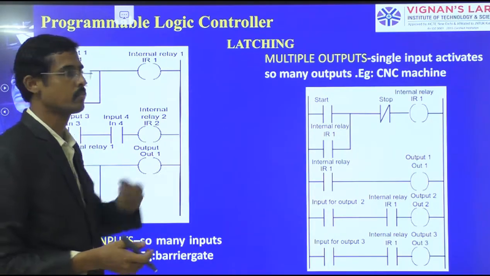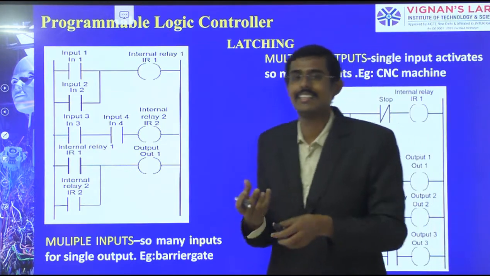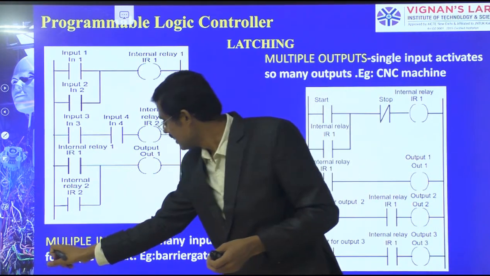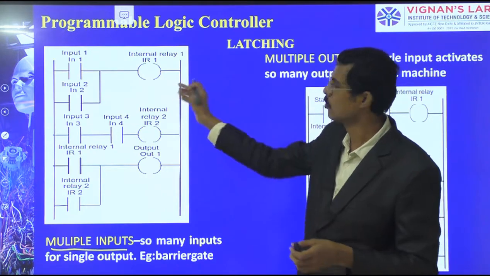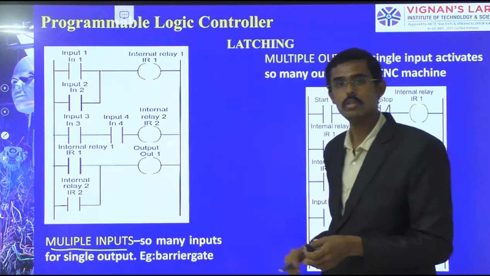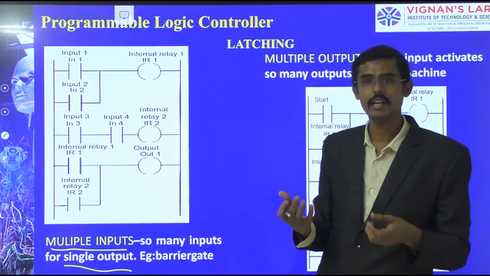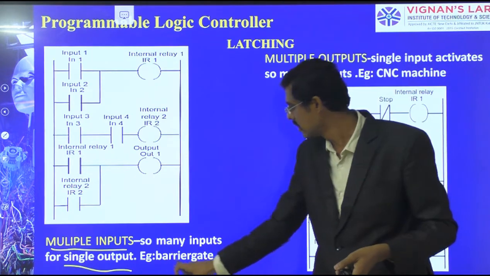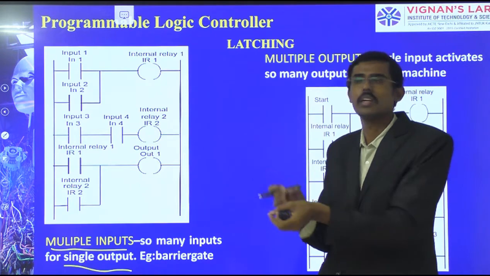In the same latching process, now I am giving multiple inputs. The multiple inputs have been given to activate one output. You see, so many inputs for a single output I have taken. For example, barrier gates: if any of multiple cars are coming, the gate should open.